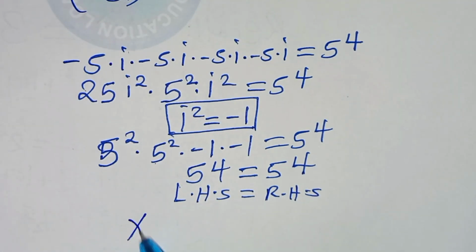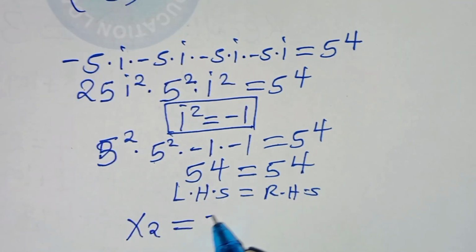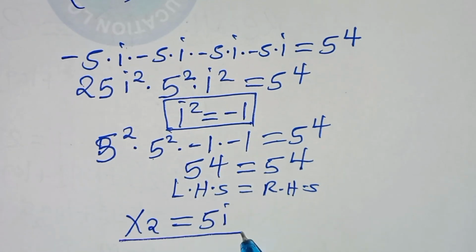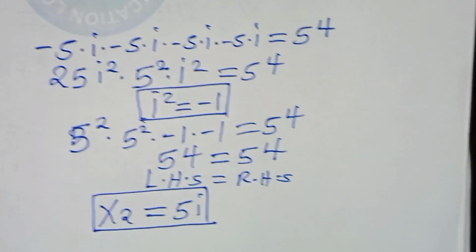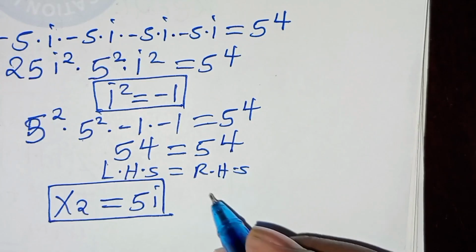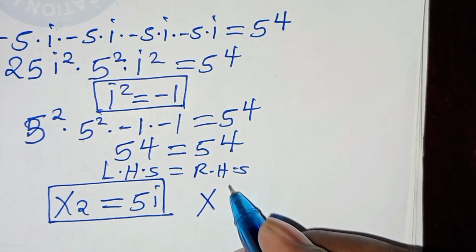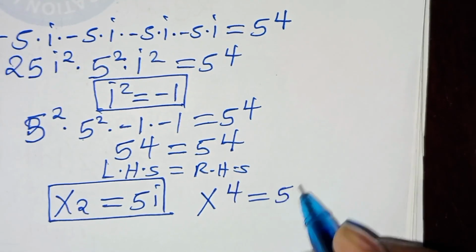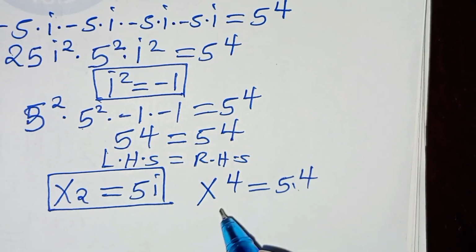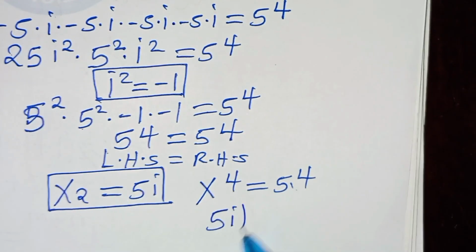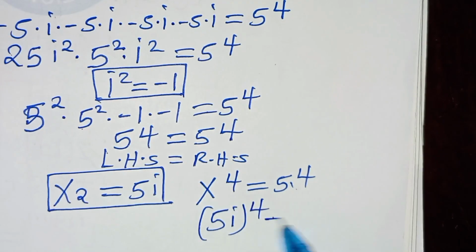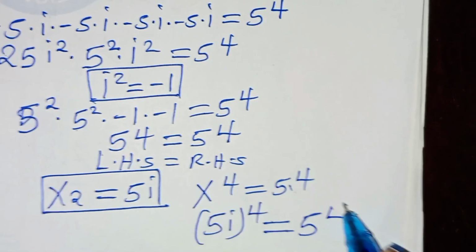So let's check x2. x2 is equal to 5i. So this implies here, remember we have x to power 4 should be equal to 5 to power 4. So this is 5i to power 4. This should be equal to 5 to power 4.